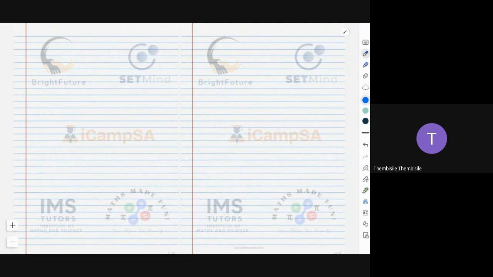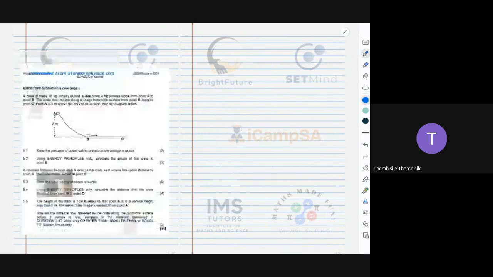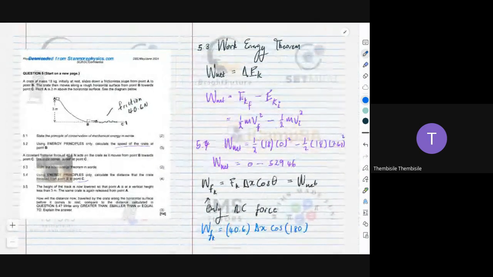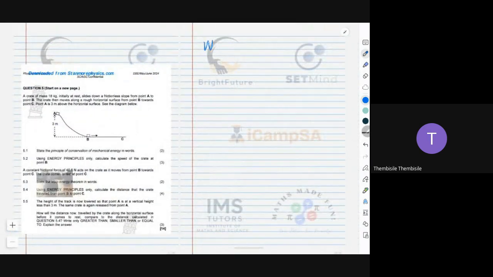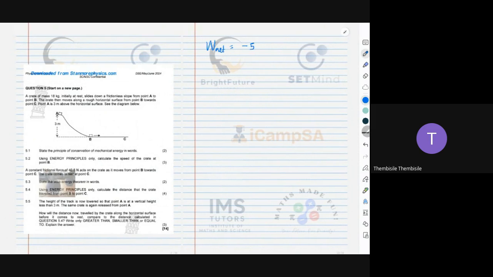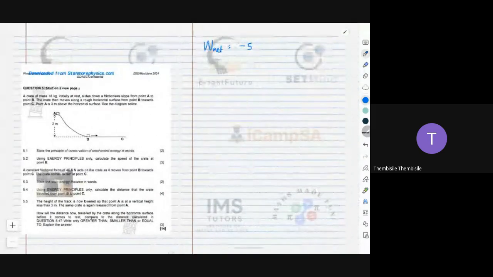Let's put it here. So here it means that you have your work net here, which is equal to minus 529.46 joules.